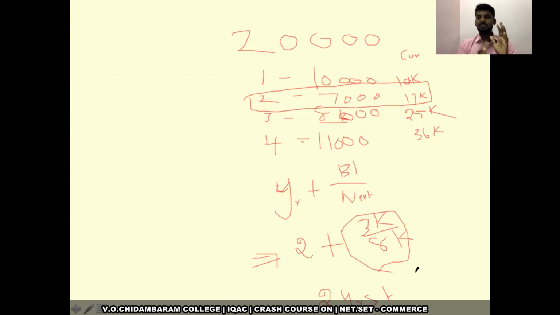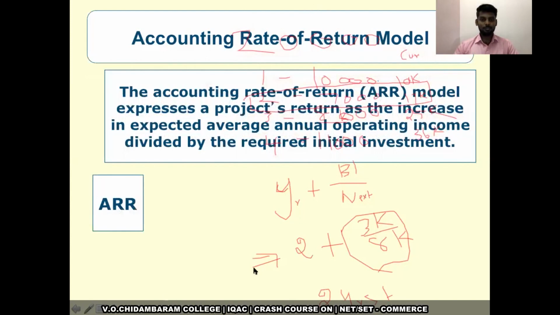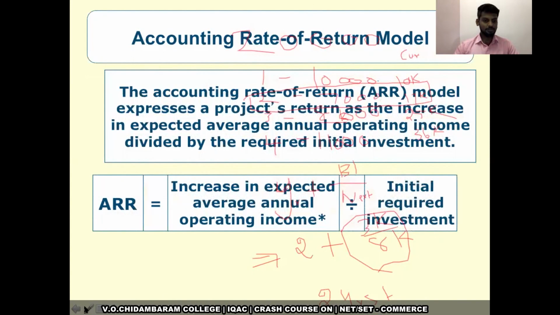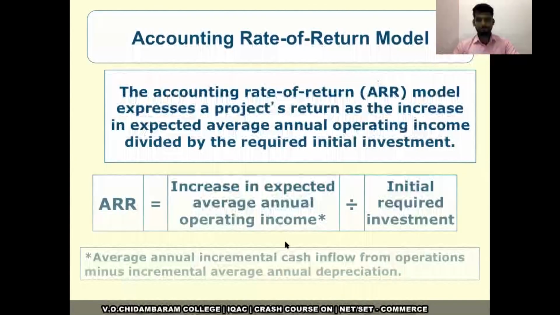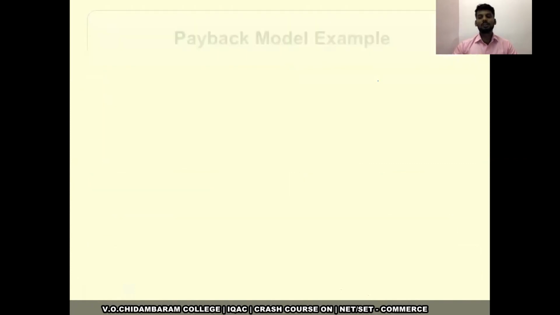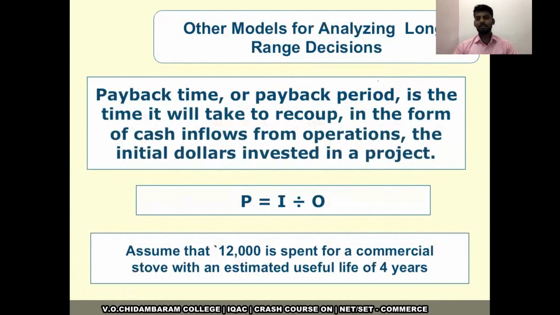So for even cash flows, this would be the formula: initial investment divided by cash outlays.